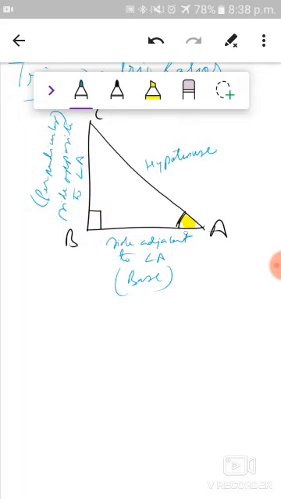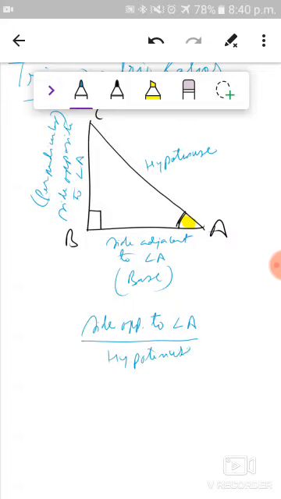Let me make a ratio here first. The first ratio is the side opposite to angle A, and I am taking its ratio by hypotenuse.